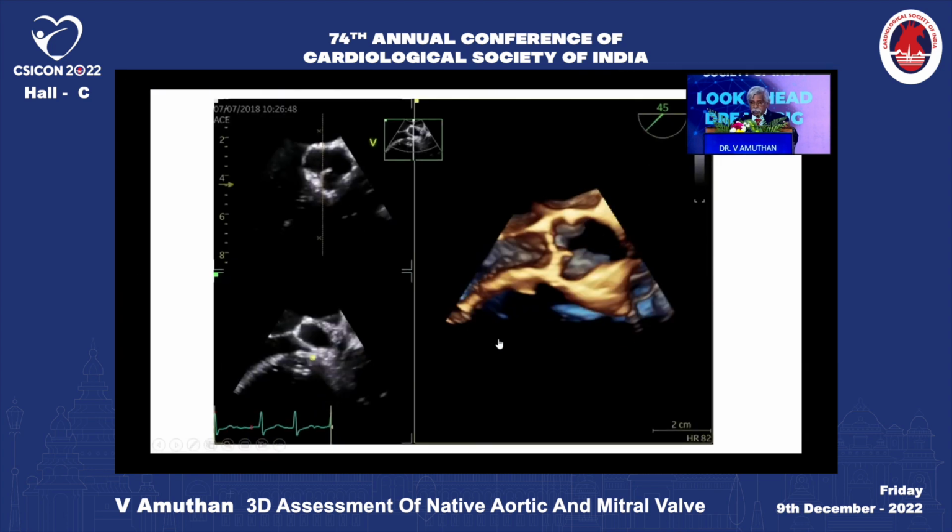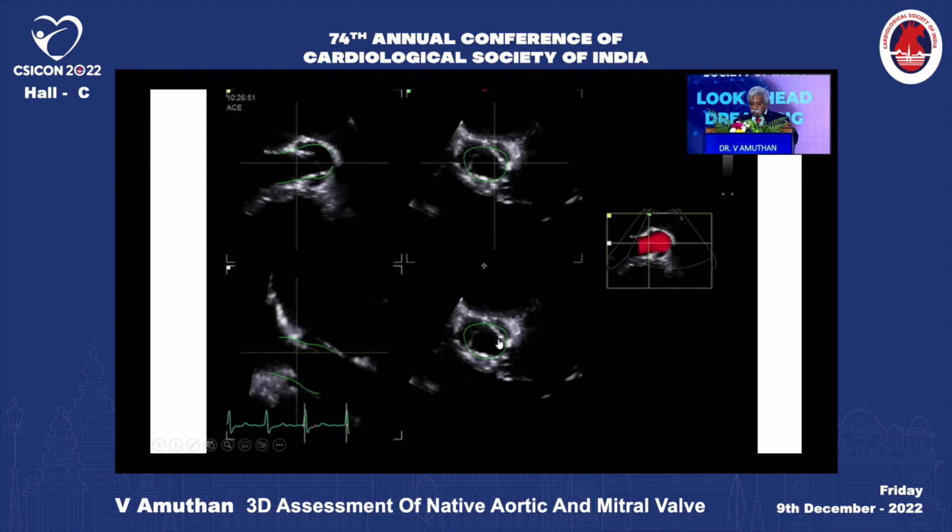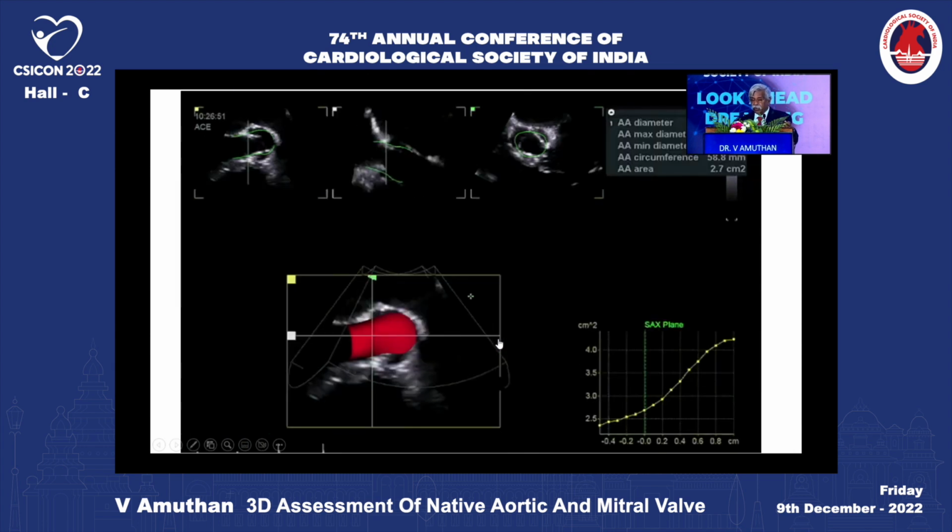So this is the classical view which you get, and simple software analysis tells you that you can do the quantification of the aortic valve. This is the aortic valve quantification.